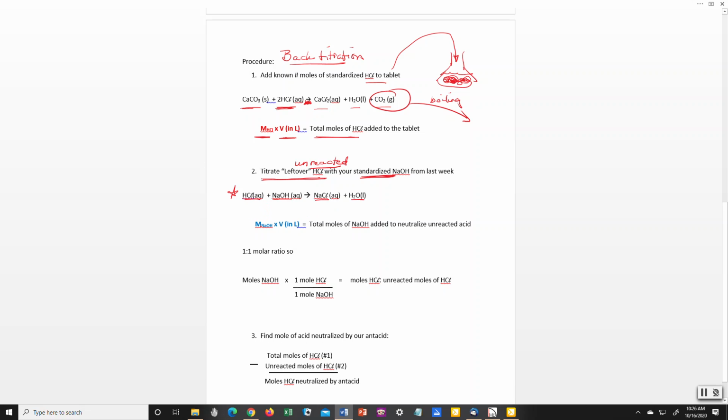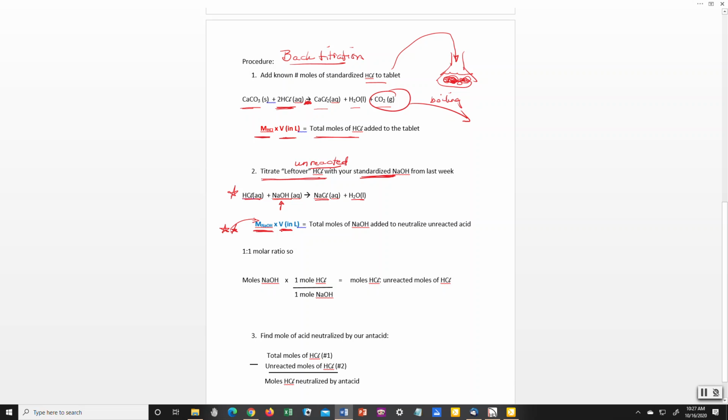Now, we can figure out from our volume of titrant, NaOH is going to be in the burette. We're going to titrate it. We're going to know at the equivalence point the volume of the NaOH that we needed to neutralize that leftover or unreacted hydrochloric acid. Now, the molarity is what you figured out last week. That's you.